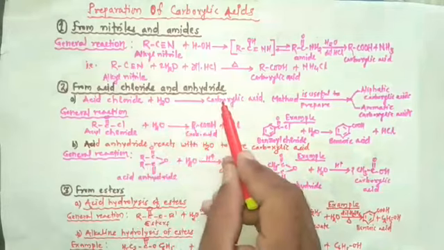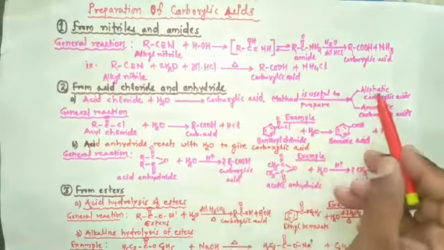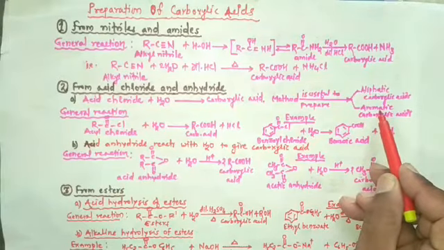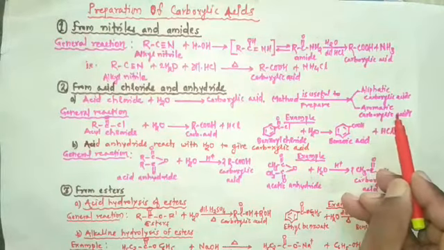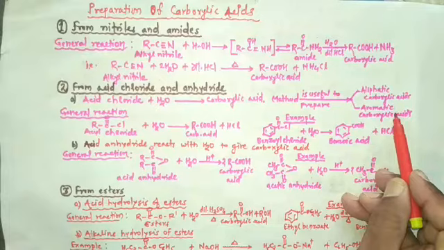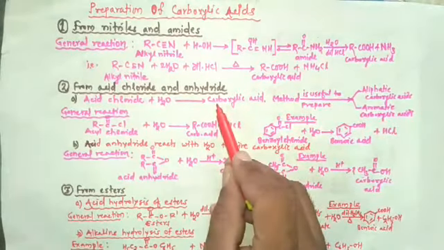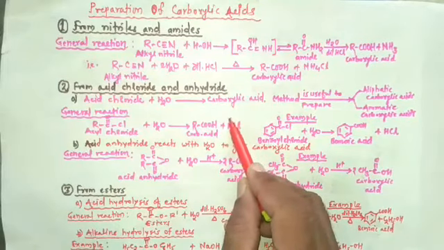This particular method is useful to prepare both aliphatic carboxylic acids as well as aromatic carboxylic acids. In this reaction, HCl is formed.